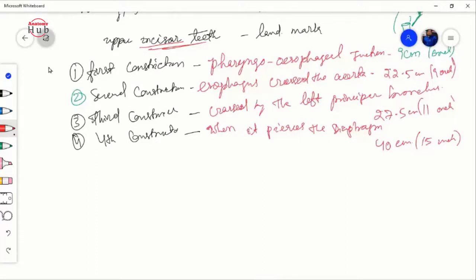Then you know the length of the esophagus, right? So the length is 25 cm. Already I have told you. So the esophagus has how many parts? Okay, that will be 25 cm, the whole esophagus.